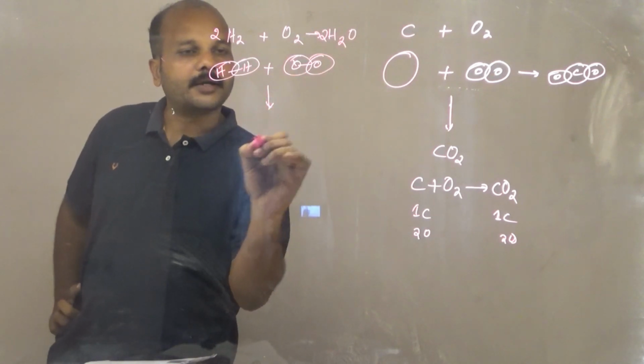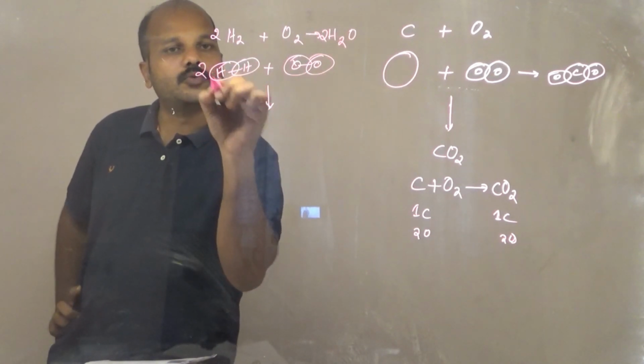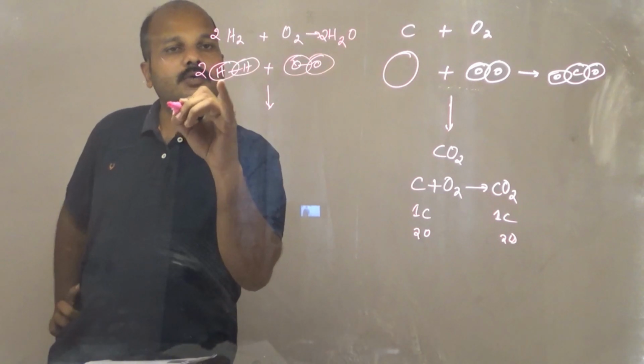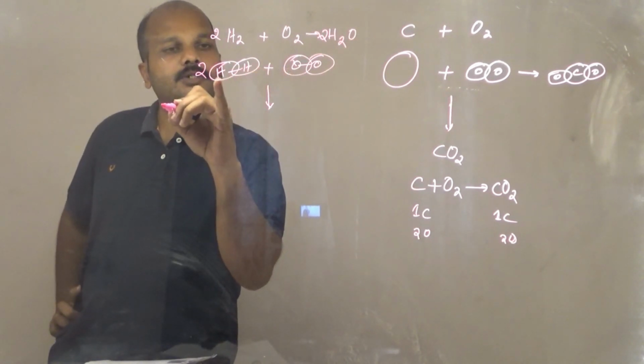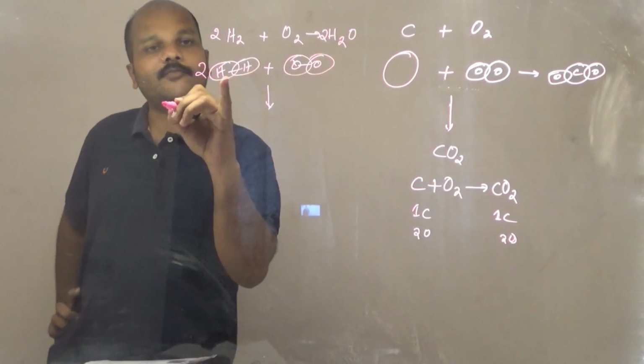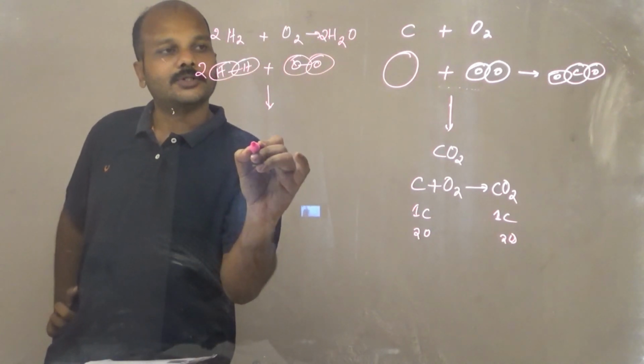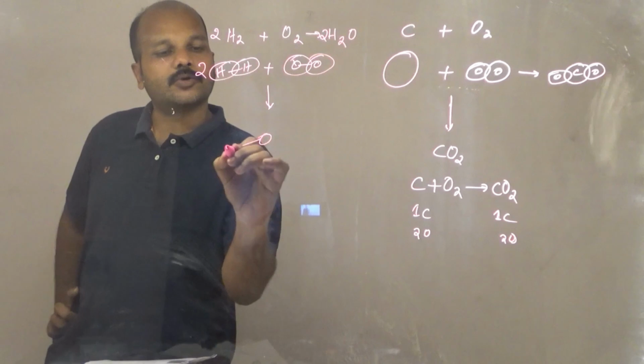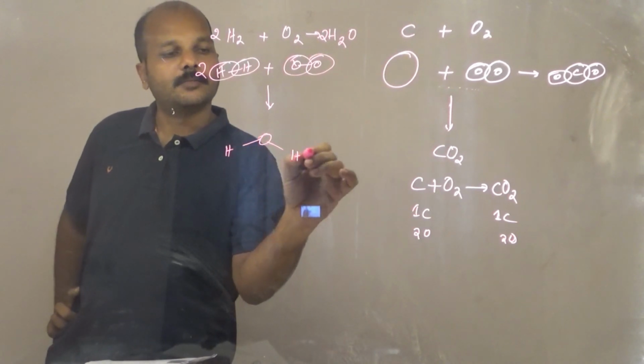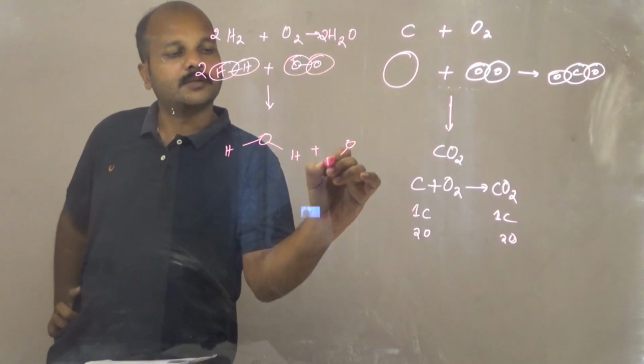One hydrogen, it is two hydrogen. Totally how many hydrogens are here? It is four hydrogen, right? Hydrogen plus oxygen.